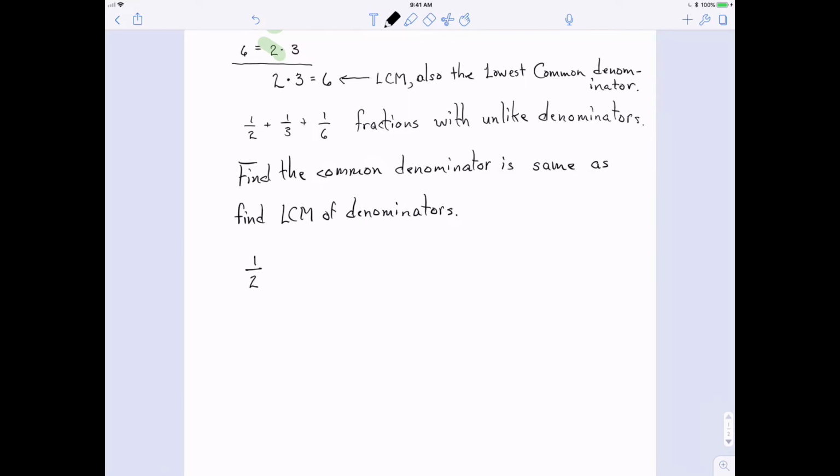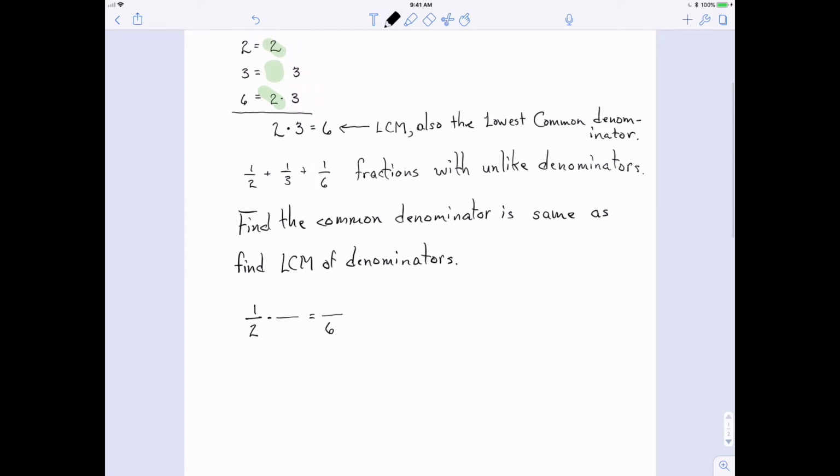In other words, we have to take the fraction 1/2 and multiply it by something so that we end with a 6. Looking above, we see that the 2 is missing the 3, so we're going to multiply this by 3/3. And remember, we can do that because 3/3 is just 1, and multiplication by 1 doesn't change the value, just the appearance.